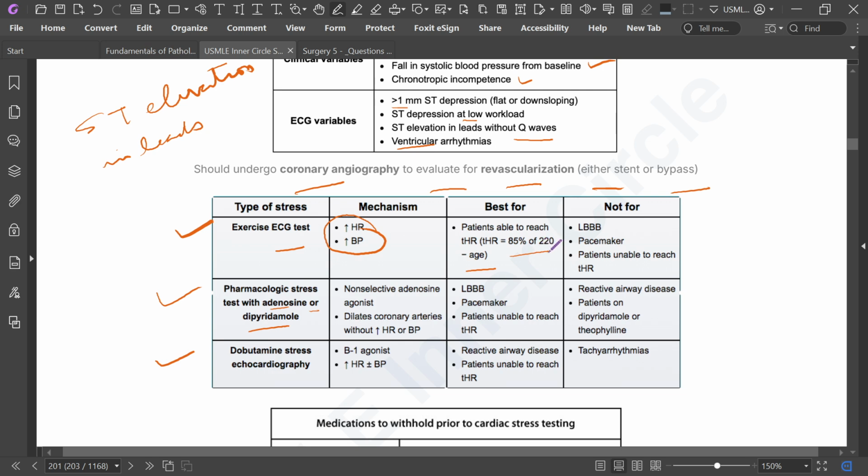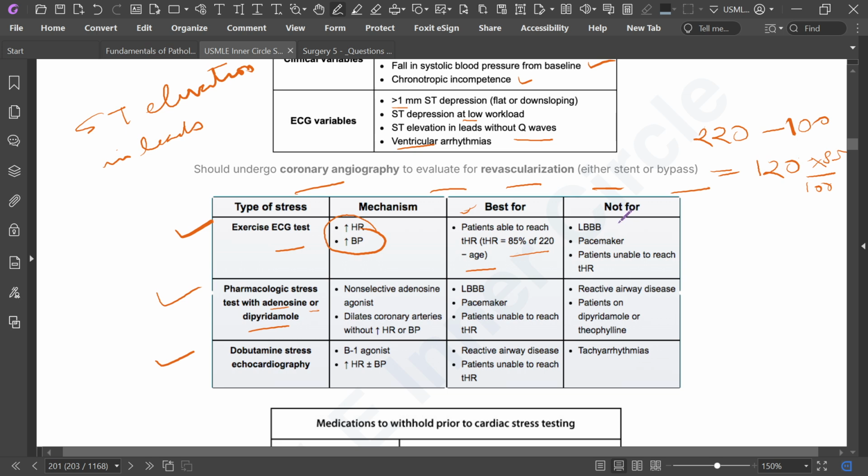Like if somebody is 100 years old, then 220 minus 100 is 120, and the target heart rate is 85% of this 120. So the best formula is 85% of 220 minus age.